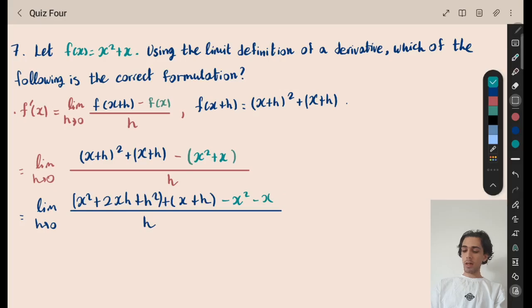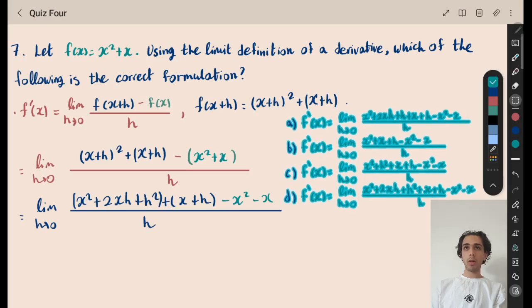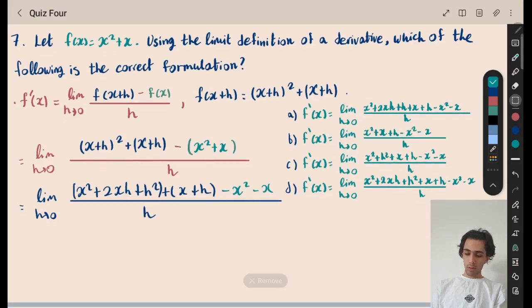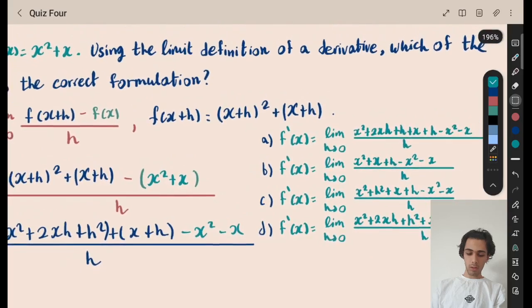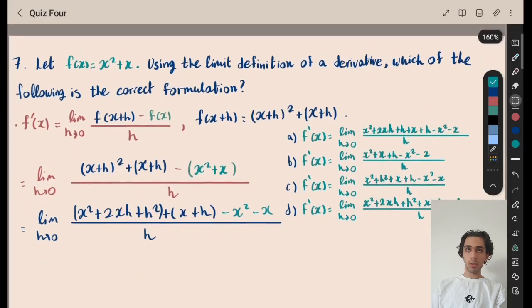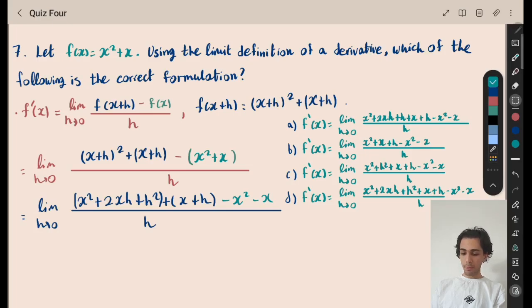And I think now we can compare and see which one is correct. I hope we can. Okay, this is not helping. Just look at them now as they are.